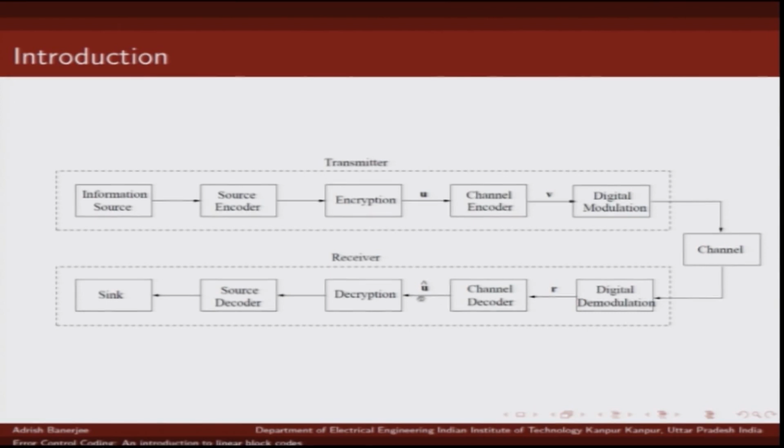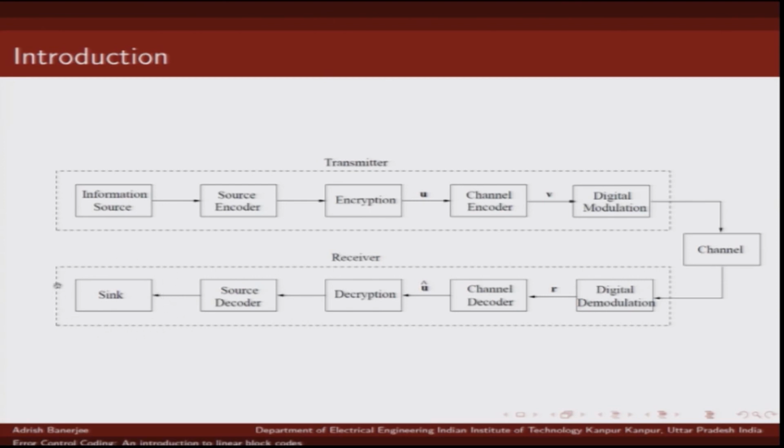Once you decode the information bits, you would like to decrypt to get back your plain text data. This decryption is the opposite action of encryption, and once you get back your plain text, you would like to decompress the signal to get back your original source signal.